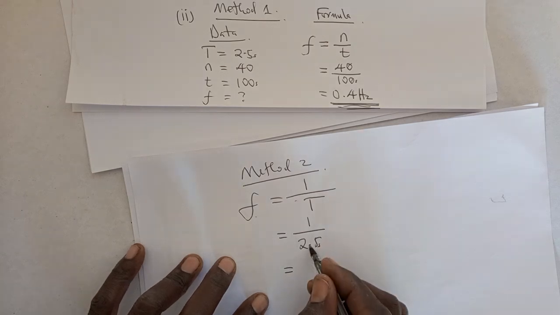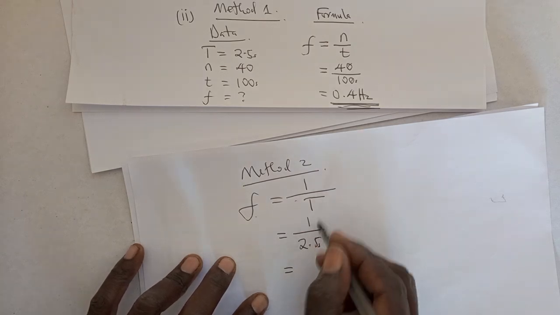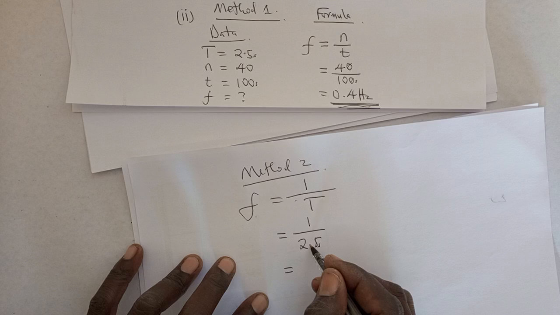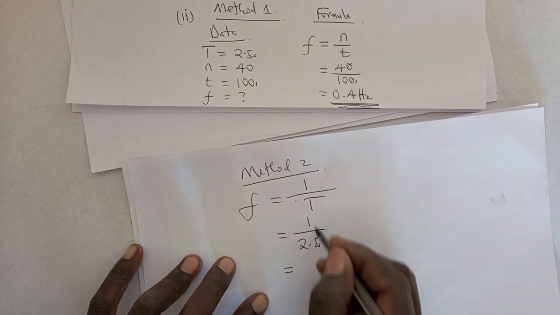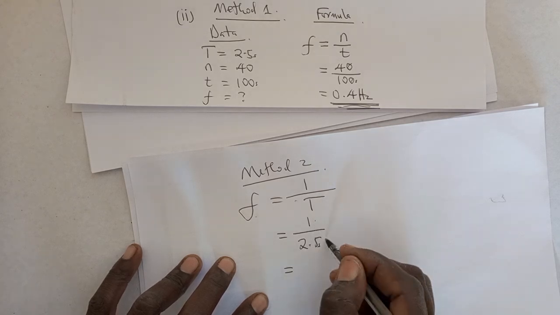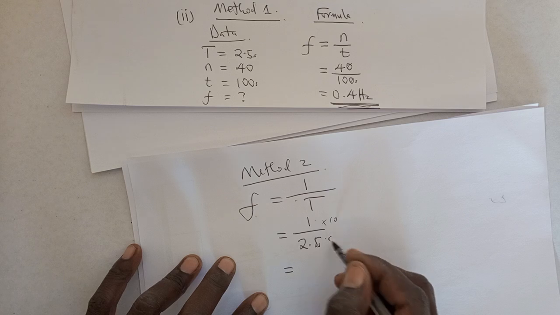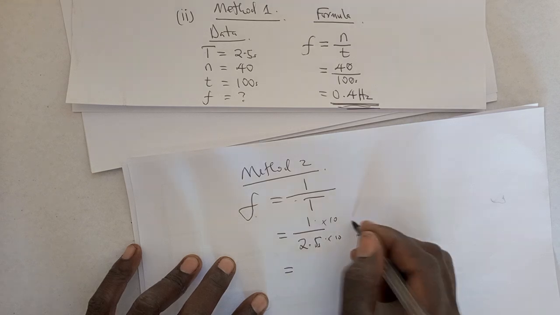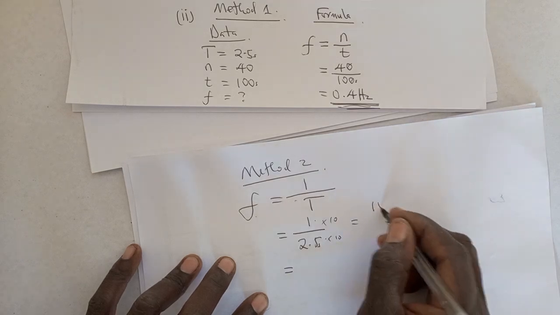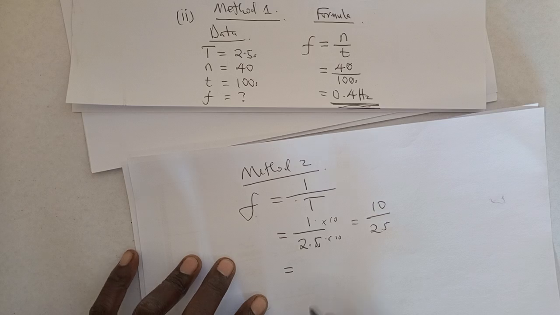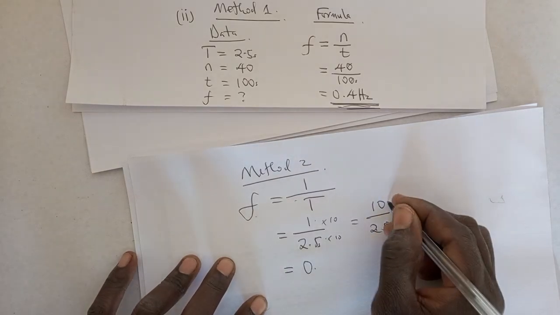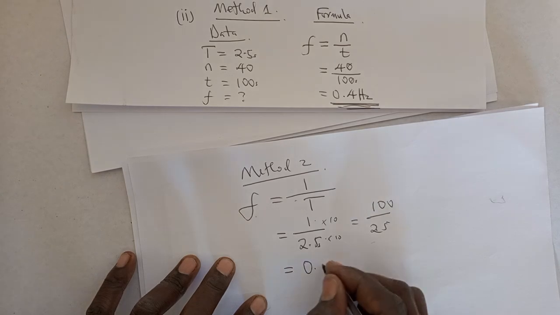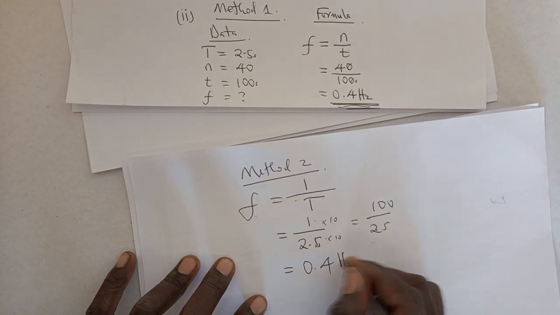Okay, to remove the decimal, we need to multiply this by 10, and this one by 10, so that we have 10 over 25. 25 into 10, 0 point, add a 0, 25 into 100 gives us 0.4 Hz.